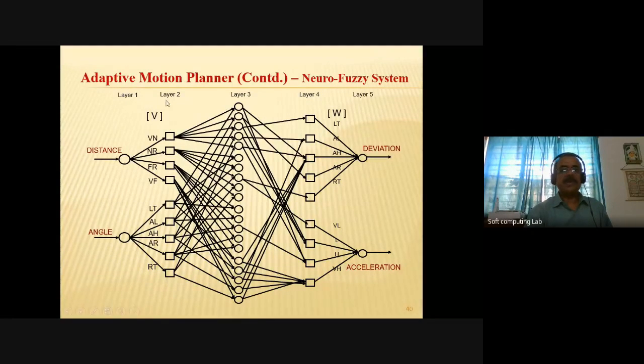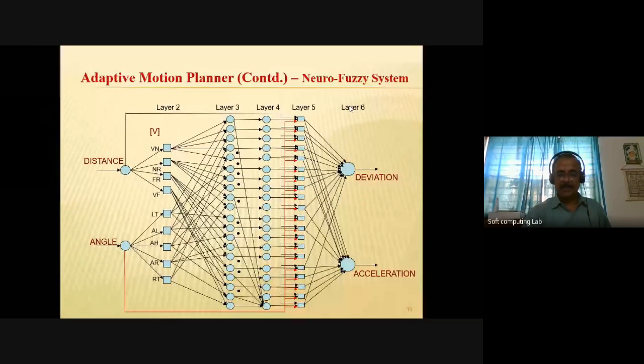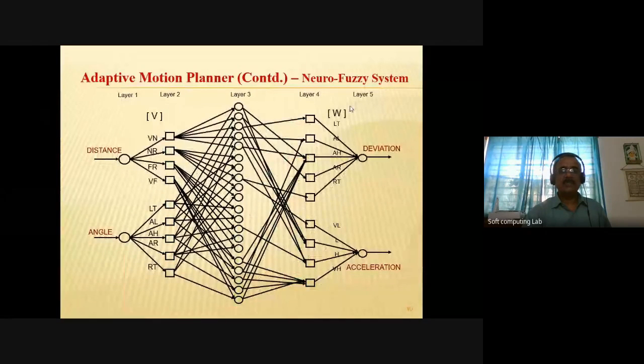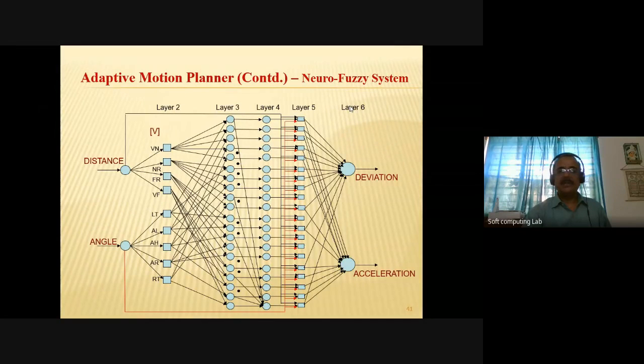So this type of network, that is an adaptive motion planner, using this neuro-fuzzy approach. So we could use the neuro-fuzzy approach like this. We could also use the neuro-fuzzy approach like this to solve this particular problem. So this is the Mamdani approach sort of thing, and this is the Takagi and Sugeno approach sort of thing. So there are two inputs, distance and angle, and two outputs, that is the deviation of the robot, so that it can avoid collision with the moving obstacle, and acceleration of the robot.